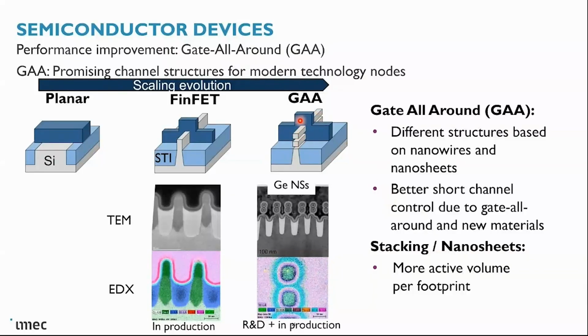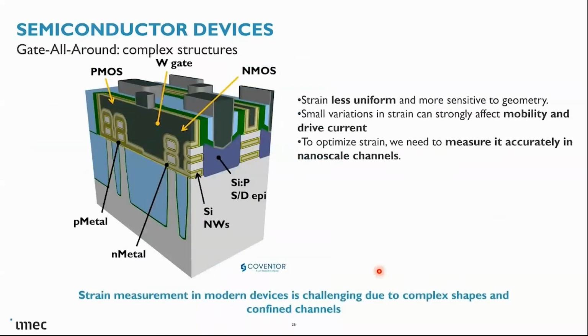And also we can stack more channels vertically, and this gives us more active volume per footprint. So we have a complex structure, and measuring strain is more and more challenging because of shapes and confined channels.